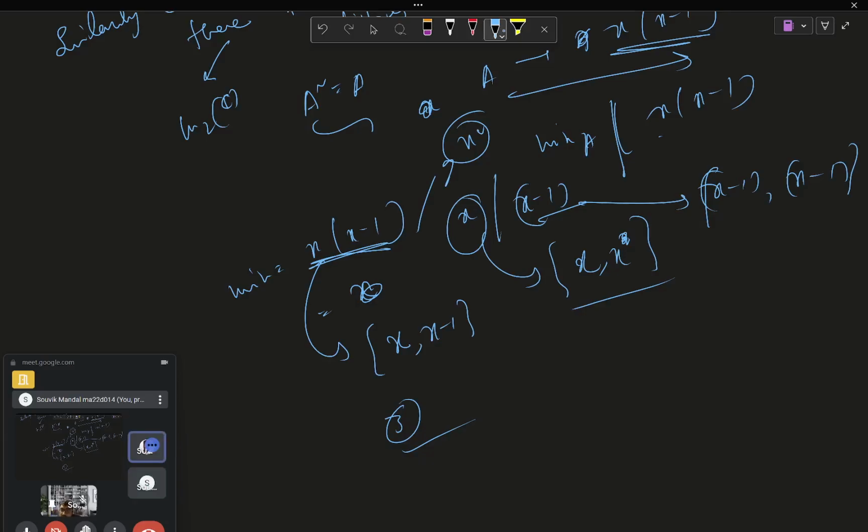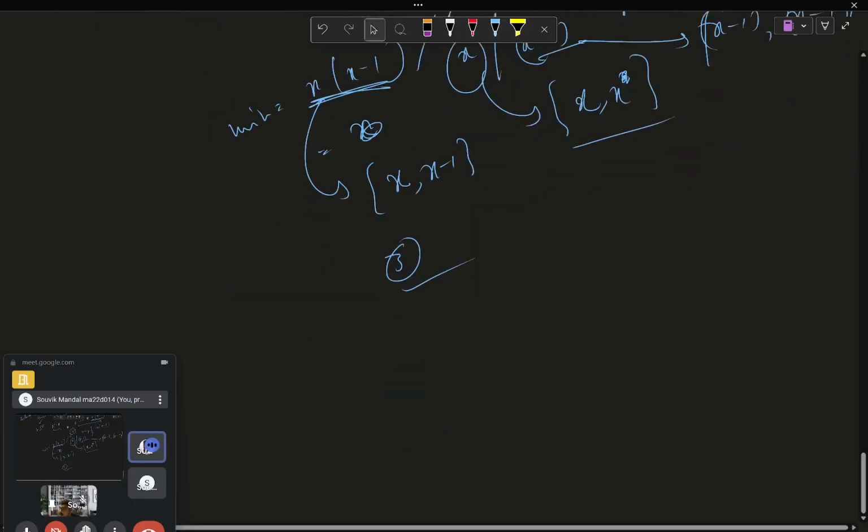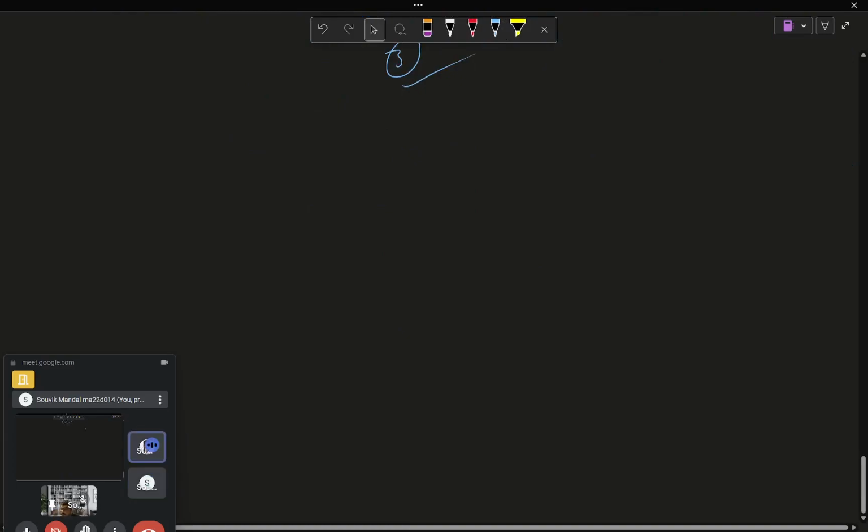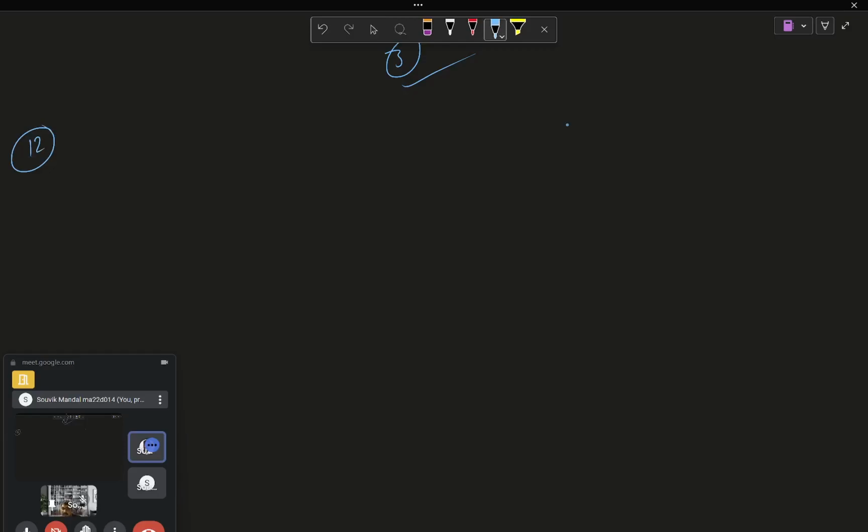Okay, so now go back to question number 12. So the matrix A is given as 3 1 0 0 0 3.